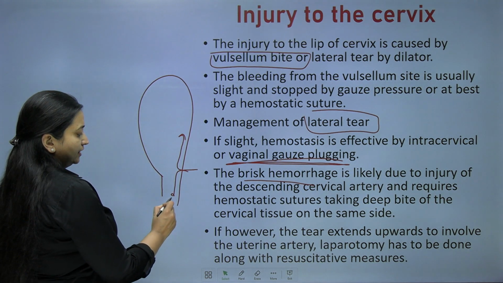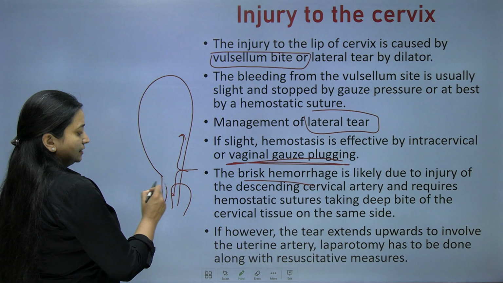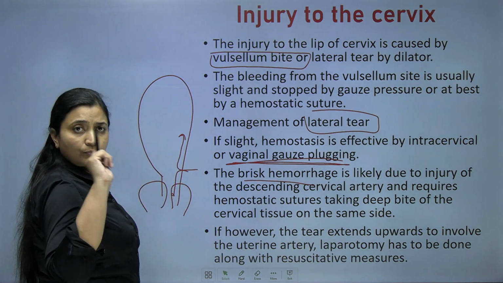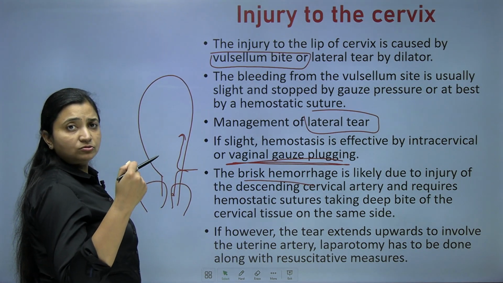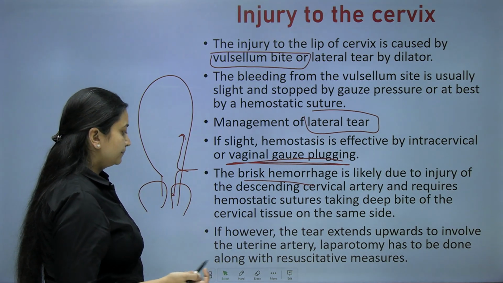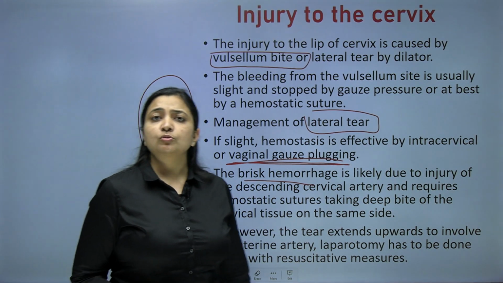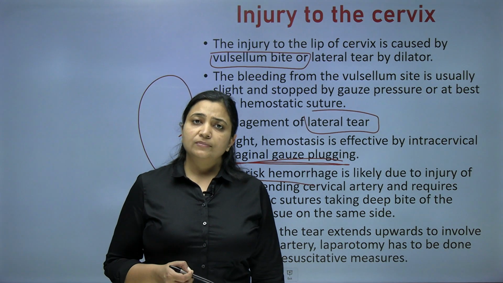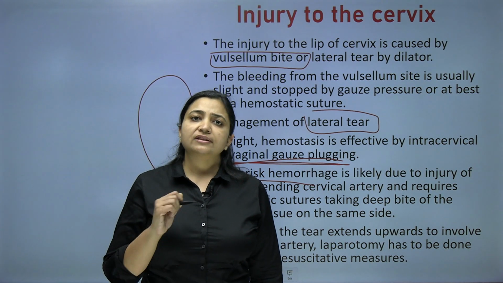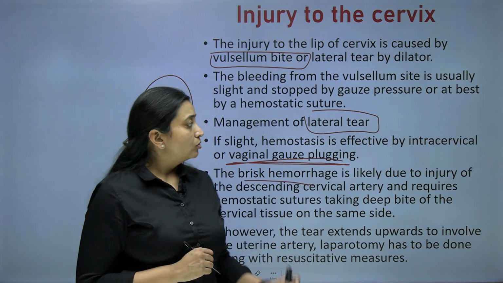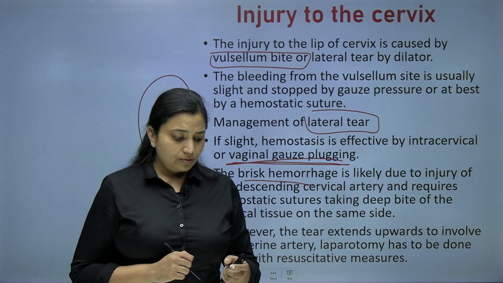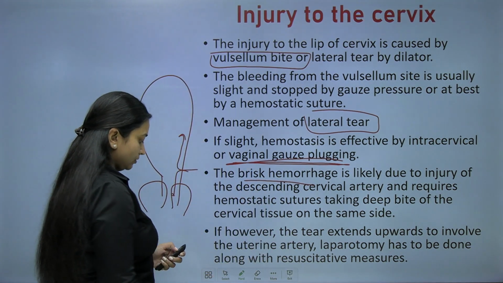Either you pass deep hemostatic sutures like this, vaginally, blind sutures, sometimes they control the bleeding. Or if it has gone up, then immediately you will have to perform a laparotomy, open up the abdomen and suture that torn vessel. So be very careful. A small procedure can turn into a laparotomy also.